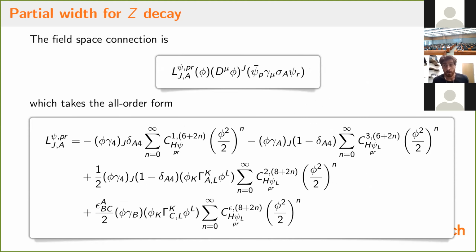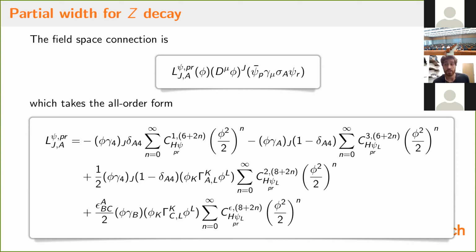It's not a metric anymore, but it's something that in spirit can be constructed the same way. So just take all the operators with two fermions in this combination and one derivative on a scalar, and then just dump all the rest of the scalars into this function out front.